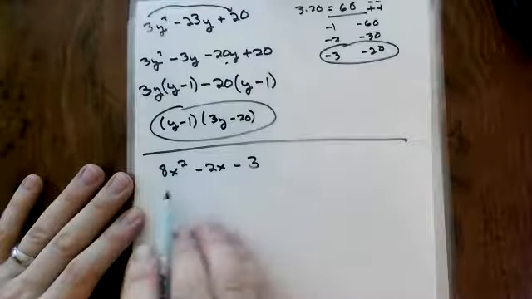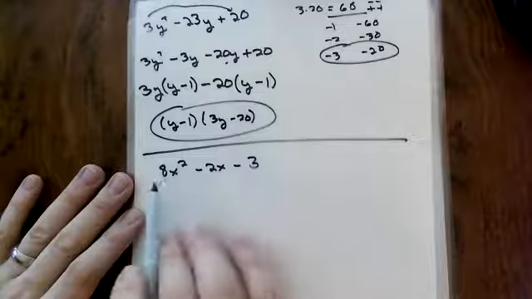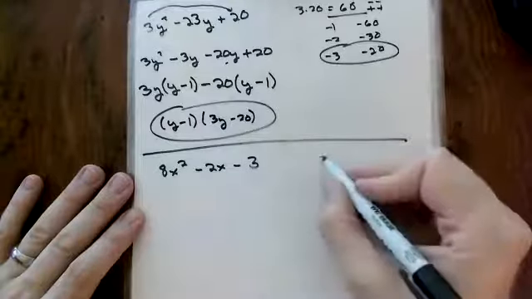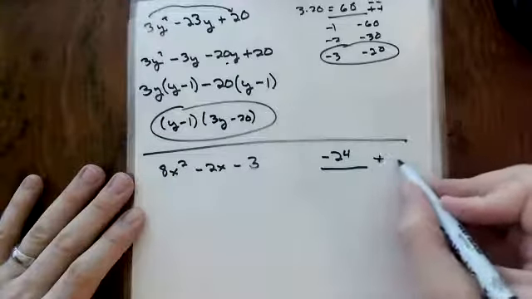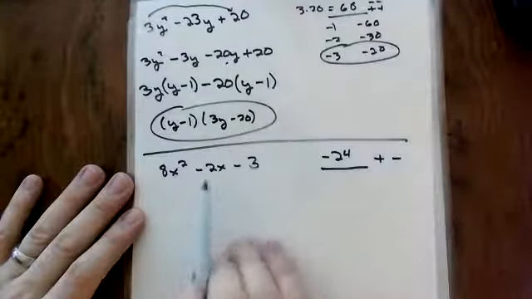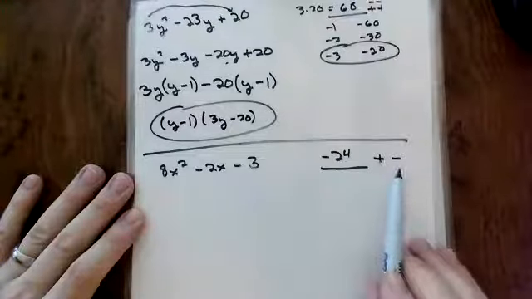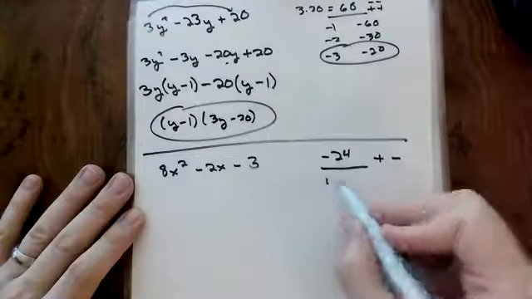So here my key number is going to be 8 times negative 3, so that's going to be negative 24. So because this is negative, I've got one sign that's positive, one sign that's negative. And it looks like my larger one is going to be negative. So I'll do 1 and negative 24.